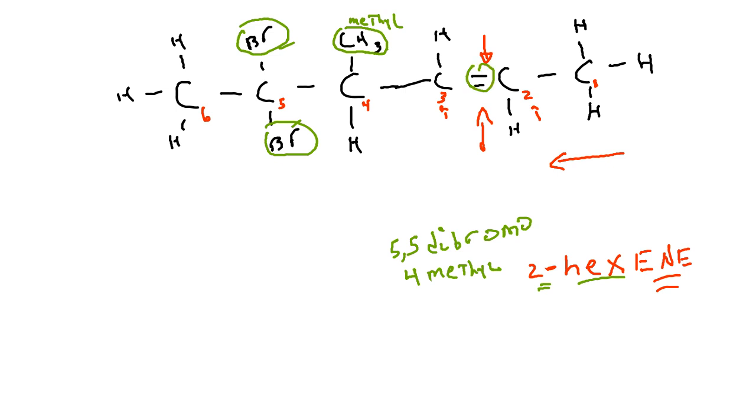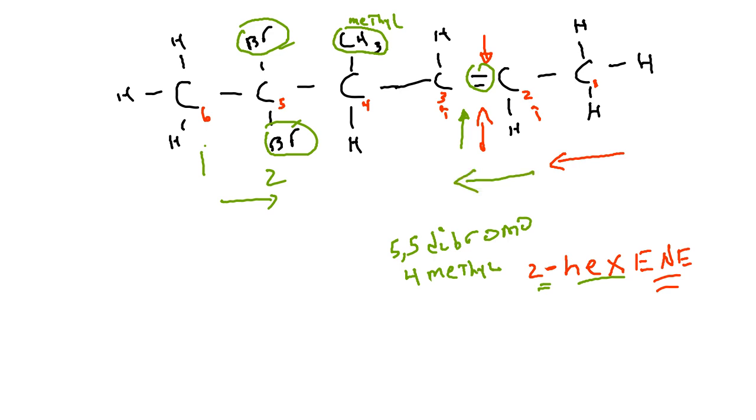If there was no double bond, if these were all single bonds, and it was H's and everything, then we would count from this side. This would be carbon 1 and this would be carbon 2, because then the bromines would be on 2, 2, right? Does everybody see that? So we count from left to right if there was no double bond. But since there's a double bond, we must count from right to left. We must count this way, not left to right.